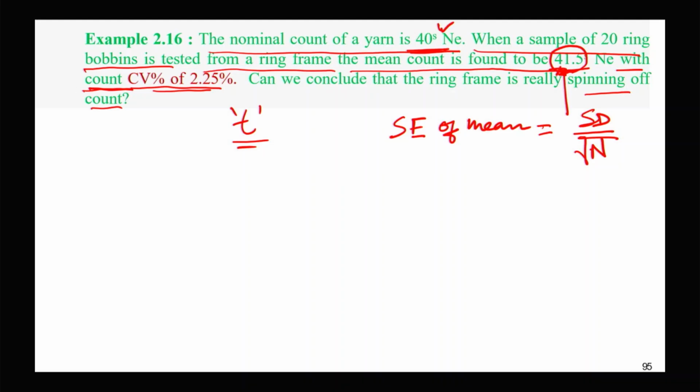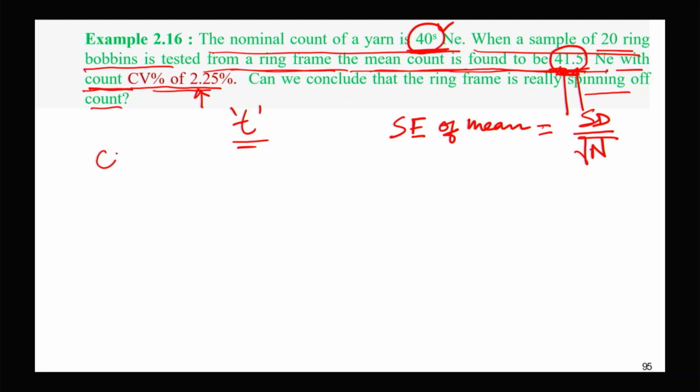So the nominal count is 40, and when a sample of 20 ring bobbins is tested from a ring frame, the mean count is found to be 41.5 NE with count CV 2.25.